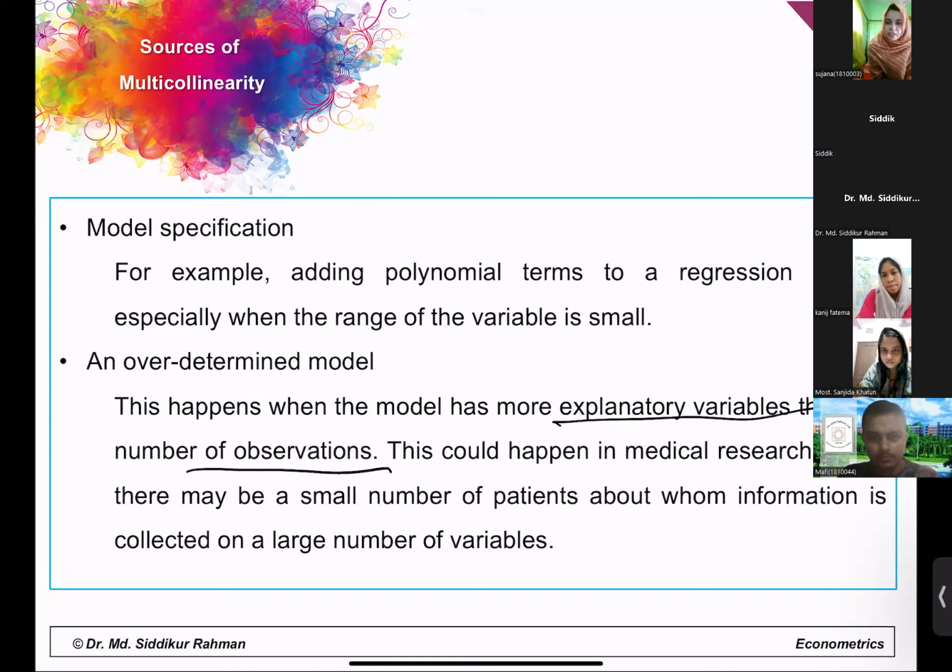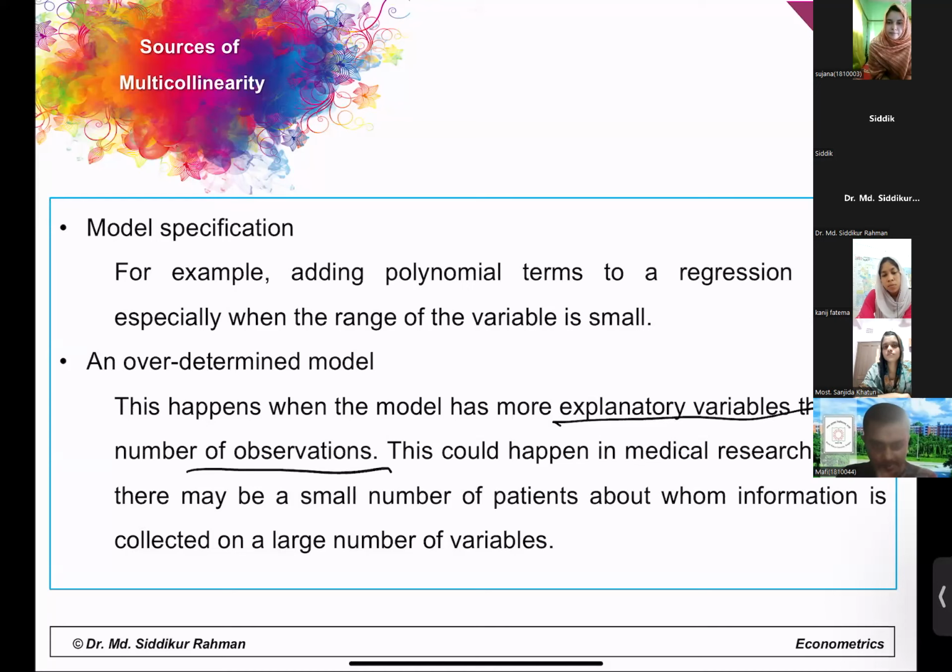Obviously, it's a violation. That means when your model has more explanatory variables than the number of observations, this is a violation of the classical linear regression model. And for this violation, you might face a problem. The problem is the multicollinearity problem, right?